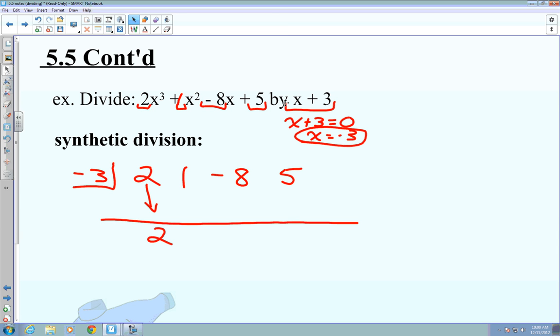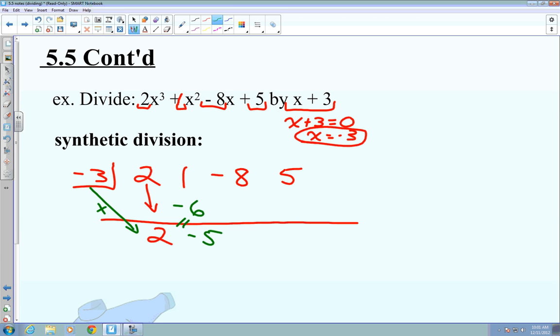Now, the next thing you do is you take negative 3 times 2, and it goes right here. So I take negative 3 times 2 equals negative 6. Now, I add 1 plus a negative 6 is negative 5.